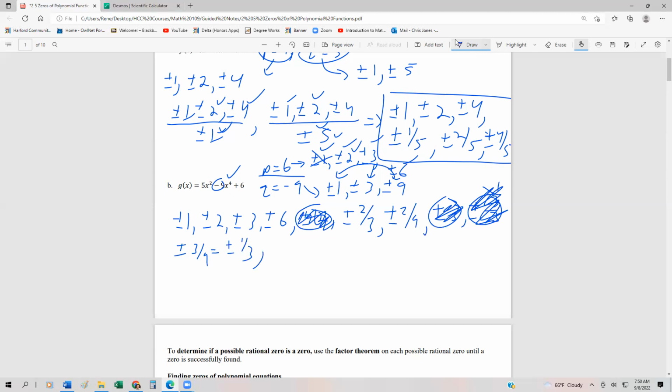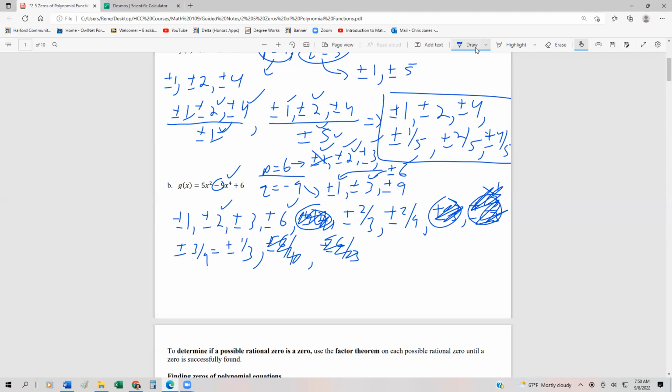Finally, we're going to take 6 and divide that out by all 3 of the factors of q, and then we'll be done. So we have plus minus 6 over 1, which we already have because that's 6. And then we have 6 over 3, so that's going to be plus minus 6 over 3, which is 2, which we already have.